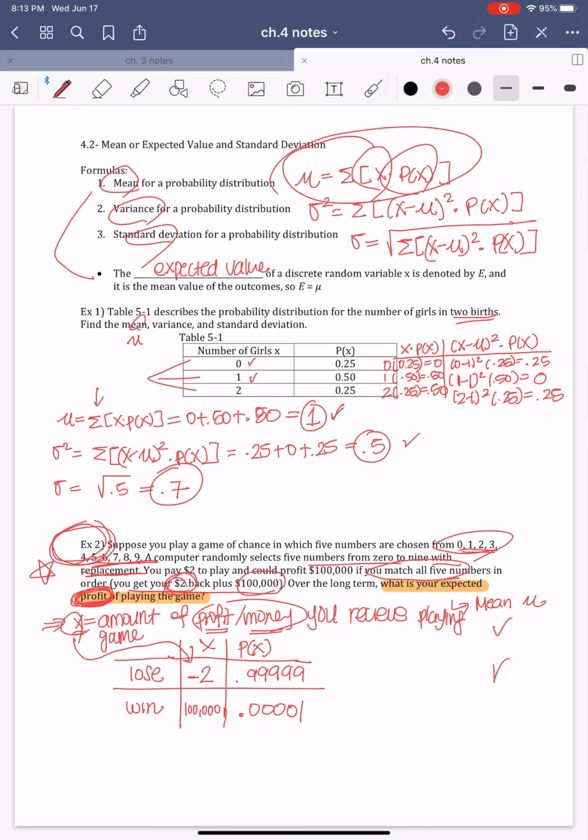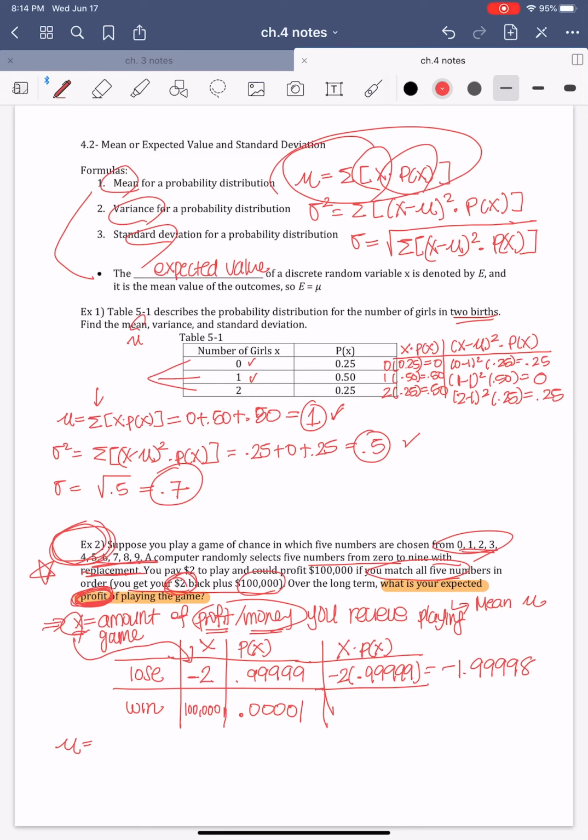So let's calculate the mu value. Mu is defined as x times p of x. So I'm going to create another column, x times p of x. Let's multiply those two numbers, -2 times 0.99999. I'm getting -1.99998.